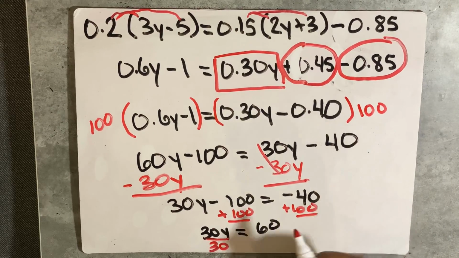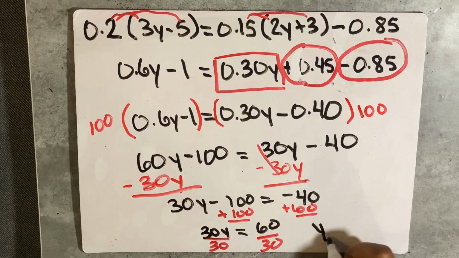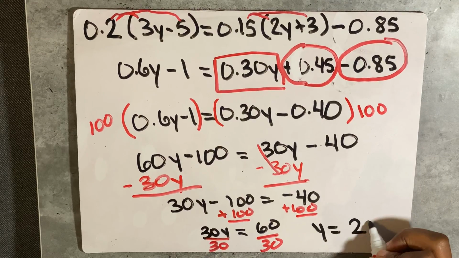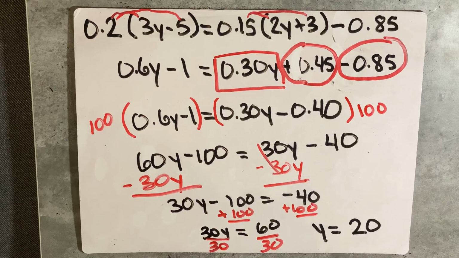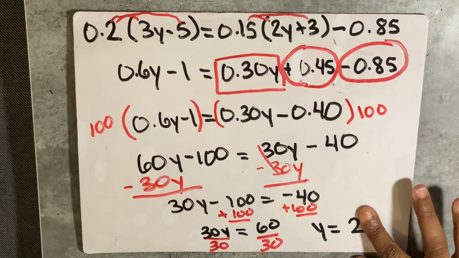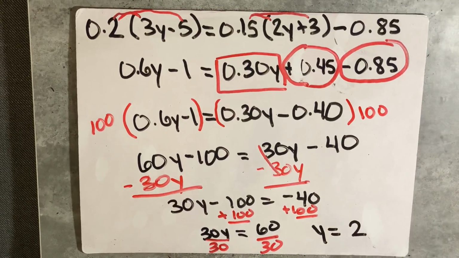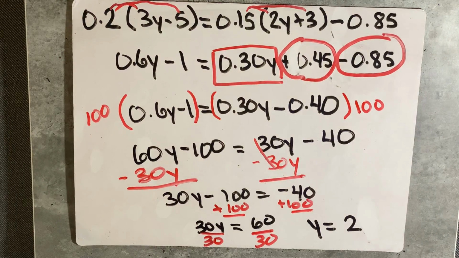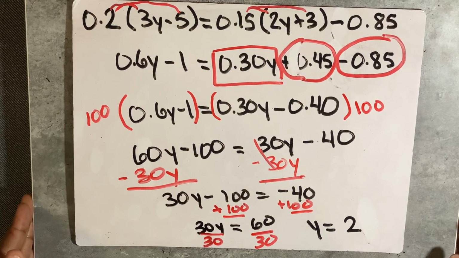I'm going to put my answer over here. And my answer is y equals 20. Nope. 2. I'm tripping. y equals 2. Took me one hot second to look and be like, wait, that ain't it. Okay.